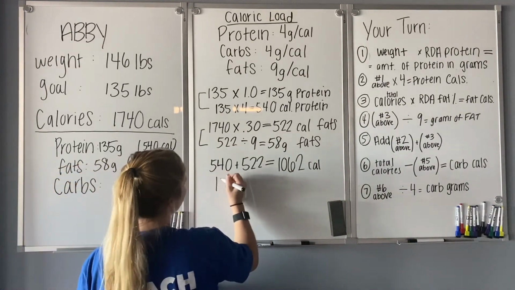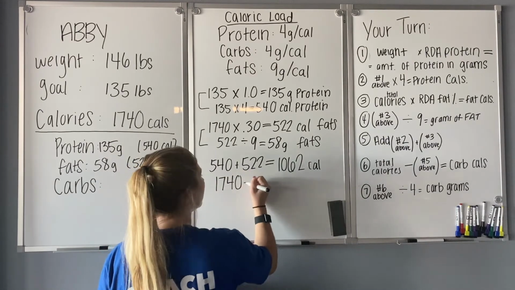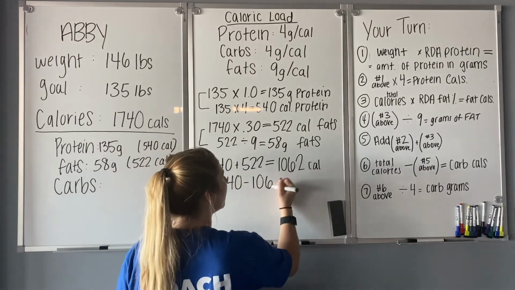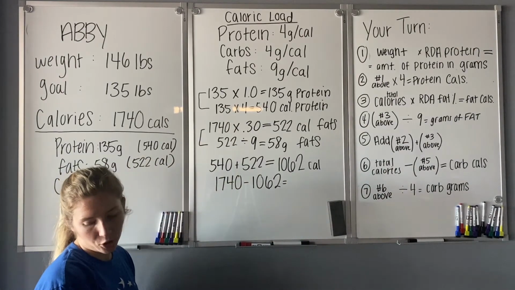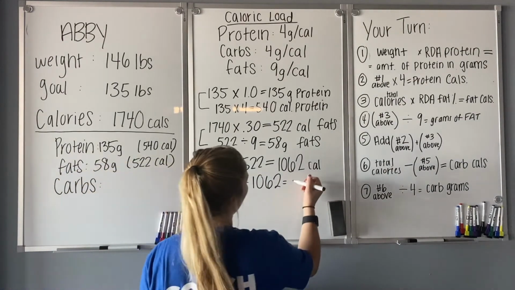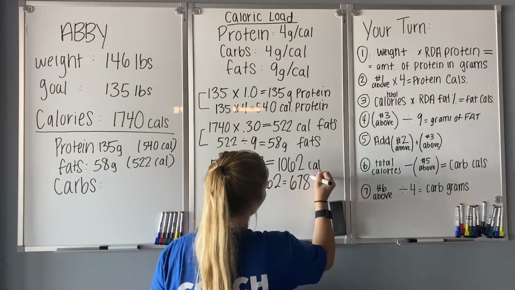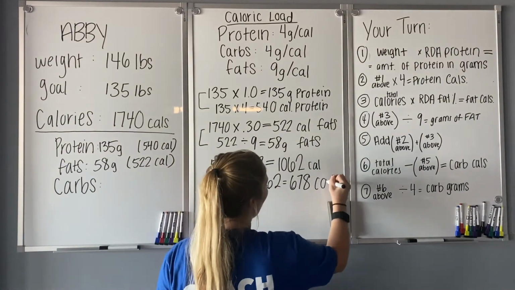So now I'm going to take my total calories, subtract my fats and my protein, and this is going to give me my last macronutrient, which is my carbohydrates, and this is going to be 678 calories.